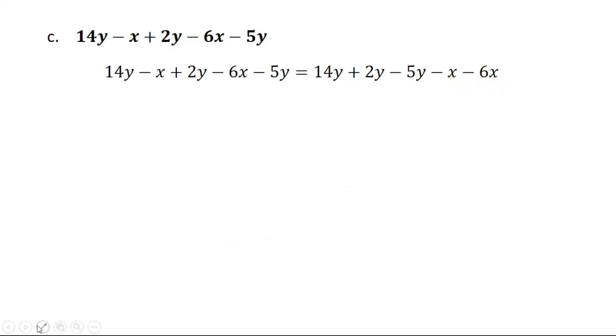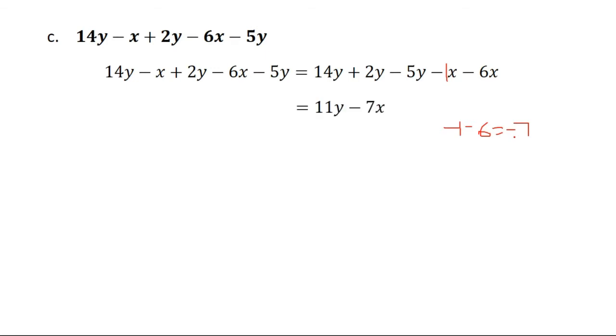Now once again, remember that I said whenever a variable is written and you don't have a coefficient in front of it, it means that the coefficient there is 1. So with minus x, it actually means that the coefficient there is 1. So you are having minus 1 minus 6. We know that minus 1 minus 6 is equal to minus 7.